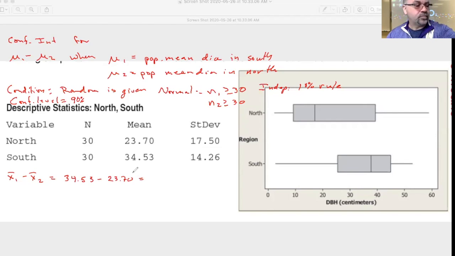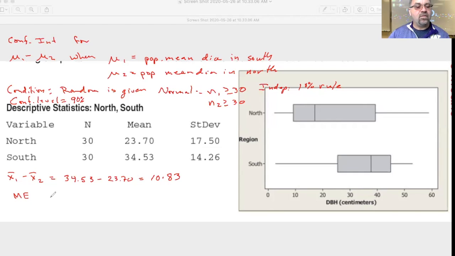So if we subtract those, we get 10.83. Like so. And then we're going to come up with our margin of error.